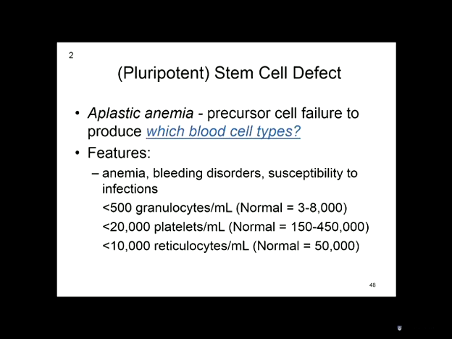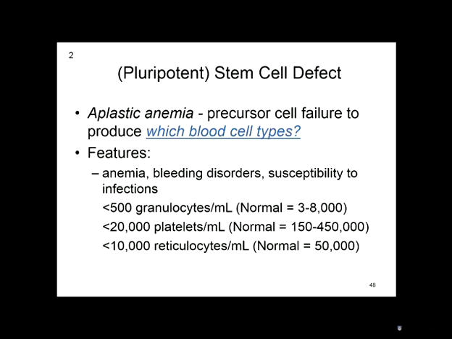Some labs, some people use different numbers, but in general, most people will agree that if the granulocytes, which is neutrophils mostly, some eosinophils and basophils, which are in minor numbers in the blood, most of them are neutrophils, right? If they drop below 500 granulocytes per microliter, I gotta go and fix this.